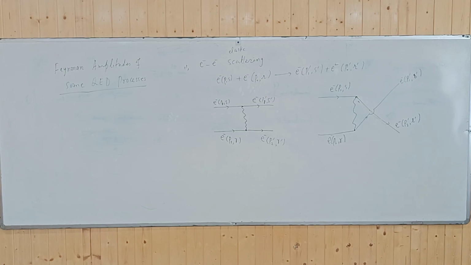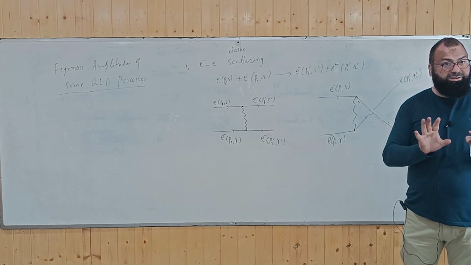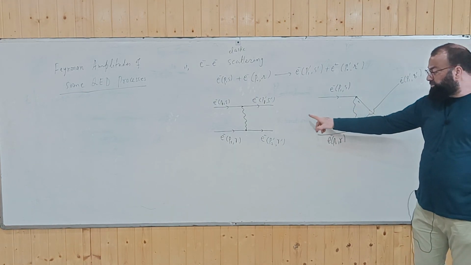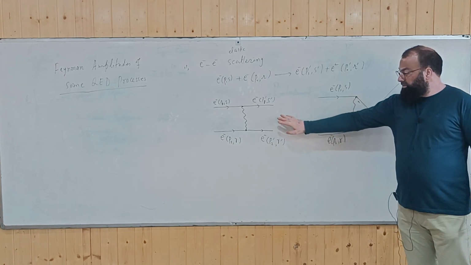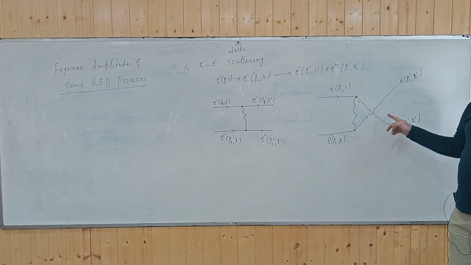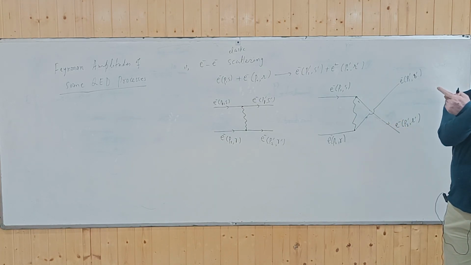Now what is the total Feynman amplitude? The Feynman amplitude will be the sum of the Feynman amplitudes of the two processes. Now the point is how to sum, whether I will put a plus or minus sign here. This is a direct process, this is an exchange process. Here is the exchange of the two fermions in the final state. When you interchange the states of the fermions, what will happen?